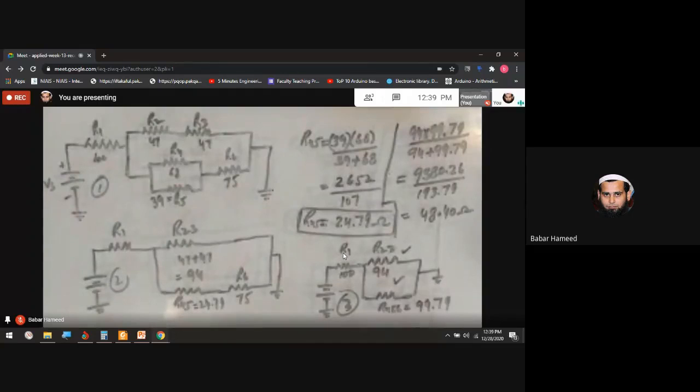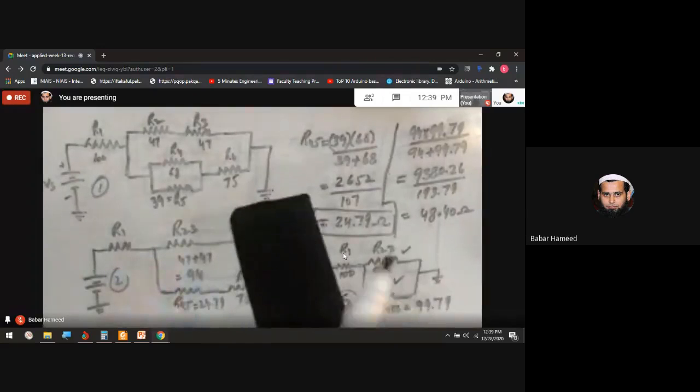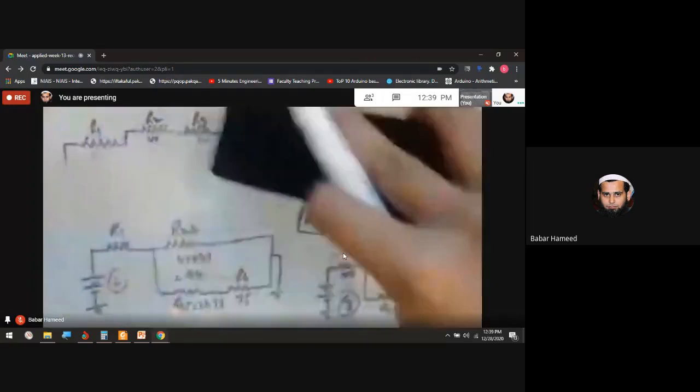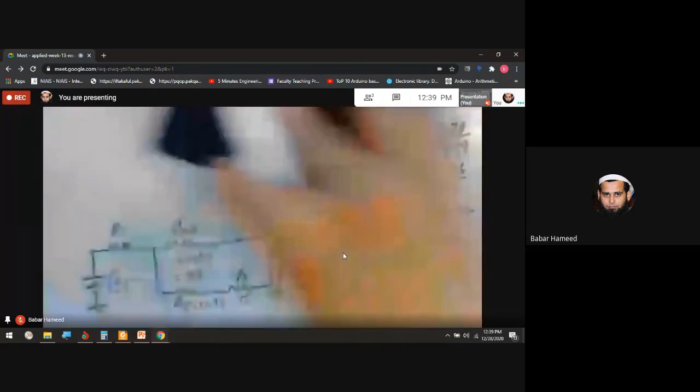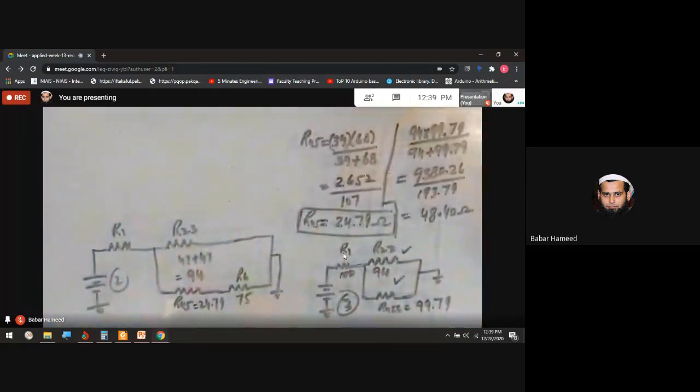Now what can I do? I can remove this first circuit to manage the space.